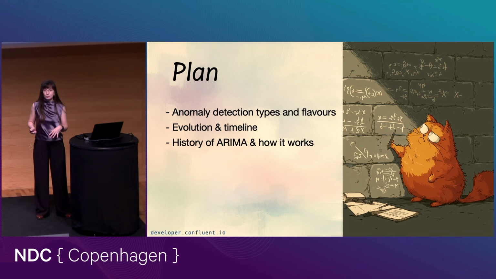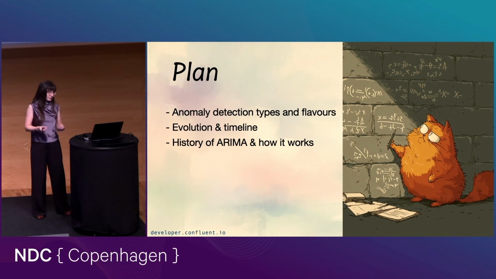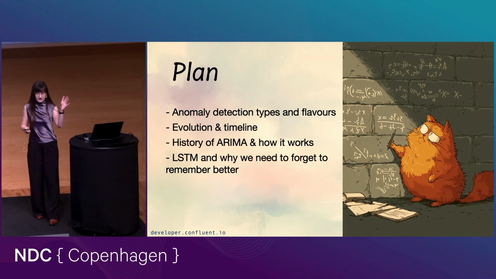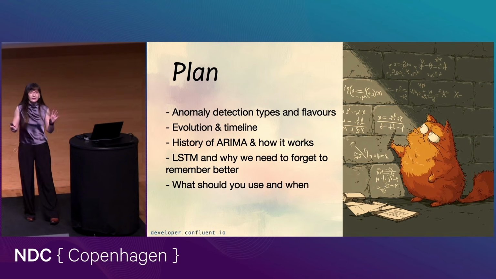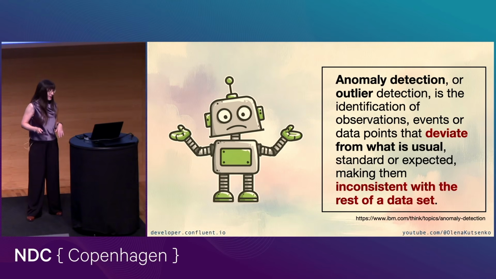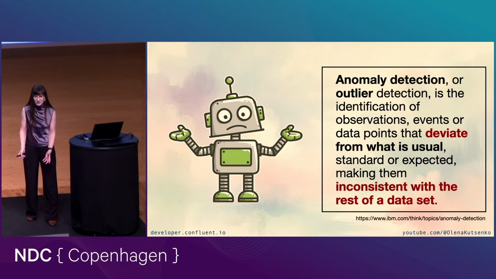And also look into a couple of specific algorithms, methods which we use today. I will cover ARIMA and LSTM as well as some other things, and then talk about what you should use and when.